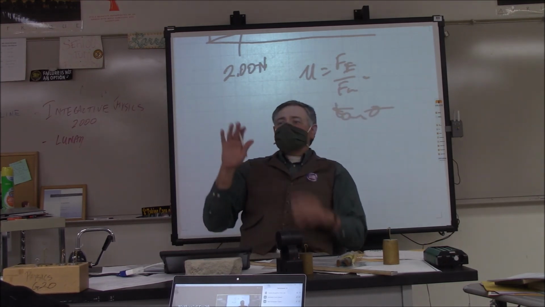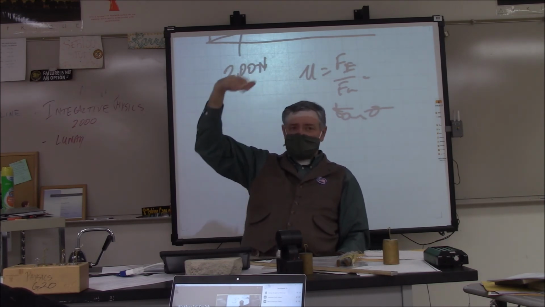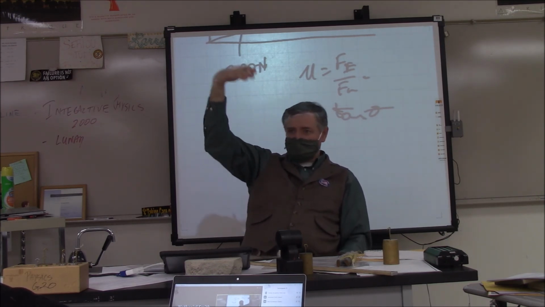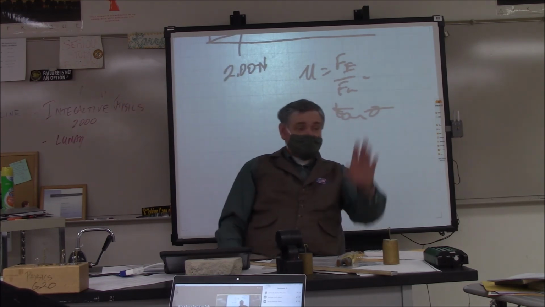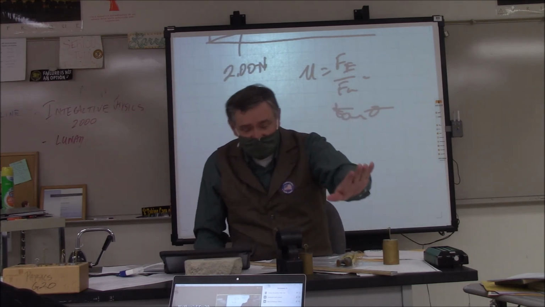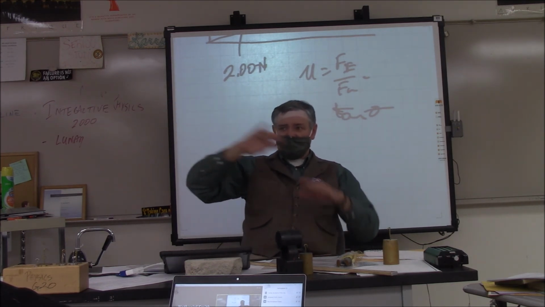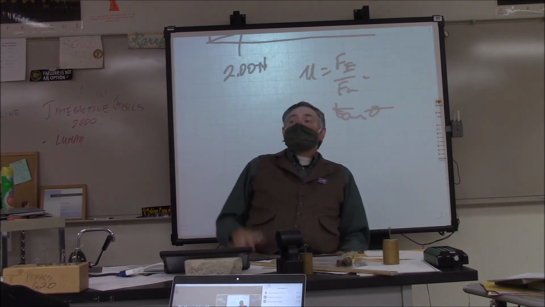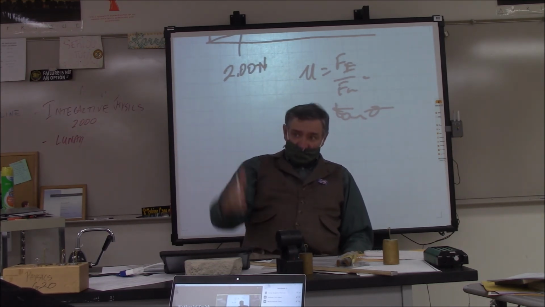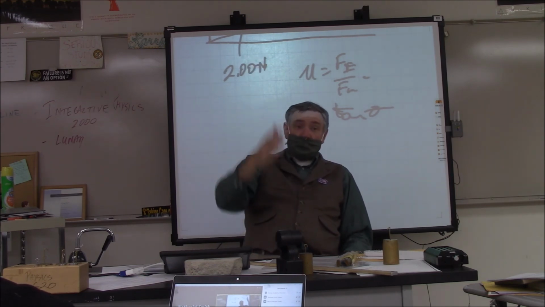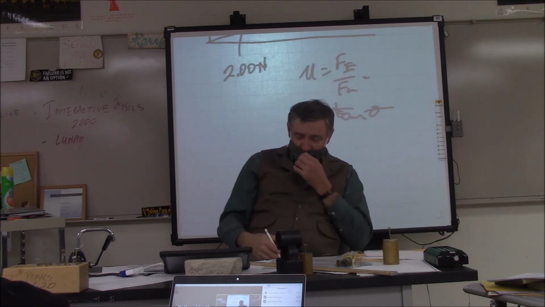So the only thing you had to do at the beginning on that static friction was take the tangent of that angle. What was the angle? 12. That was 12, not 1.2, that was 12 degrees, okay? So literally, all you had to do is take the tangent of 12 degrees, and that's your coefficient of static friction. But listen to me. That only works with static friction, nothing else, okay?